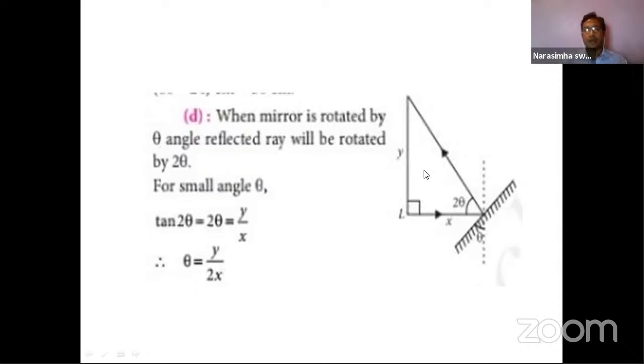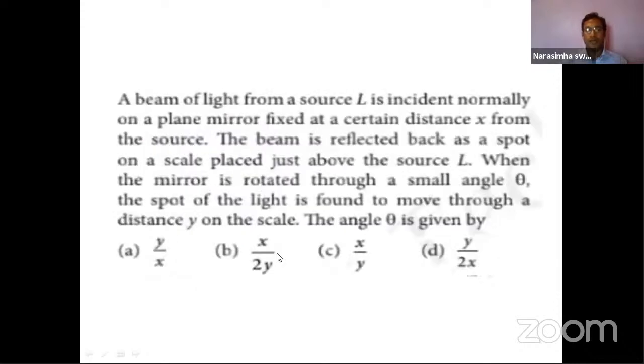It's a very small angle, so 2 theta is equal to y by x, opposite side by adjacent. So theta is equal to y by 2x. That's the option, y by 2x.